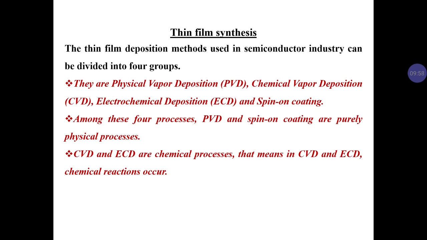In that sense, a chemical reaction will be involved during the growth of thin film in CVD and ECD, whereas in PVD and spin-on coating, it is a purely physical process. There is no chemical reaction involved.